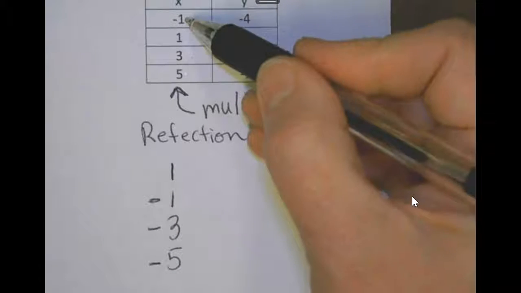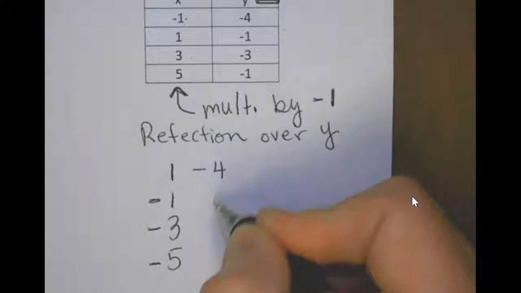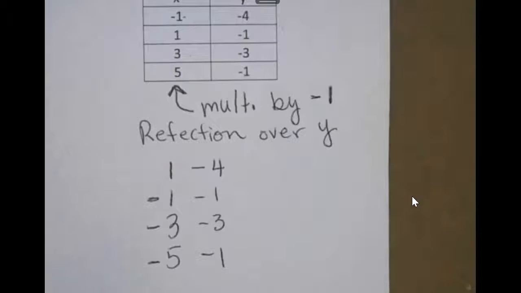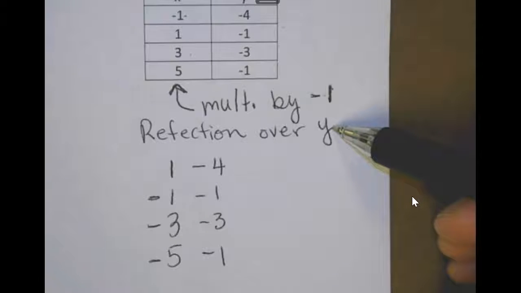Yes, this one changes to a positive. These all change to negatives. This is the first transformation. You multiply the x column by -1 to get a reflection over y.